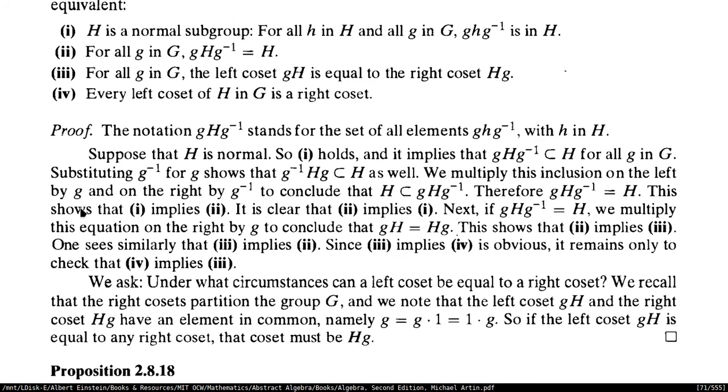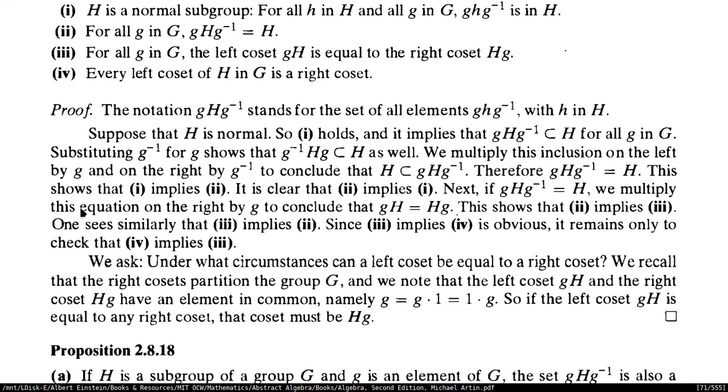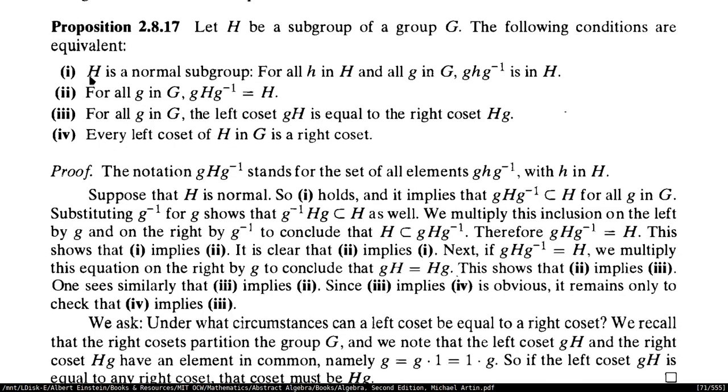So when you're taking the conjugate of a subgroup, you're actually taking the conjugate of all the elements of the subgroup H. They just prove it here. H is normal, so if the first proposition holds, then it implies that the conjugates are in the subgroup H for all g in the group.